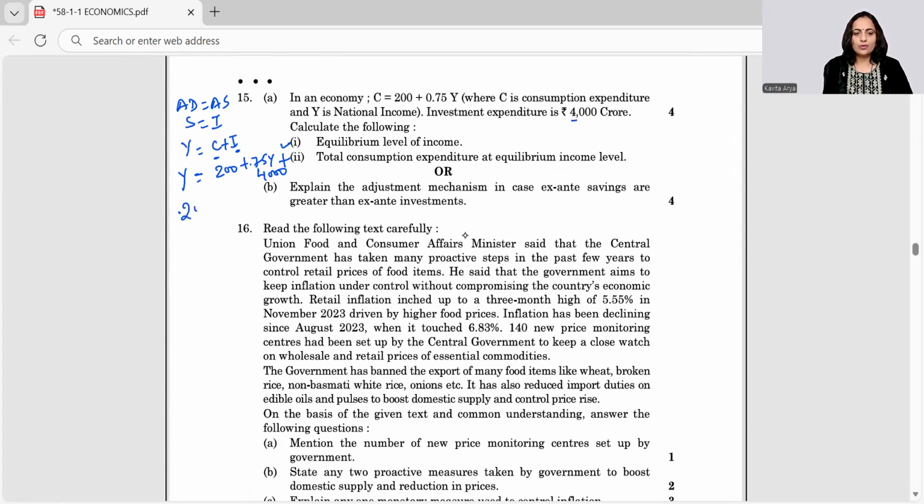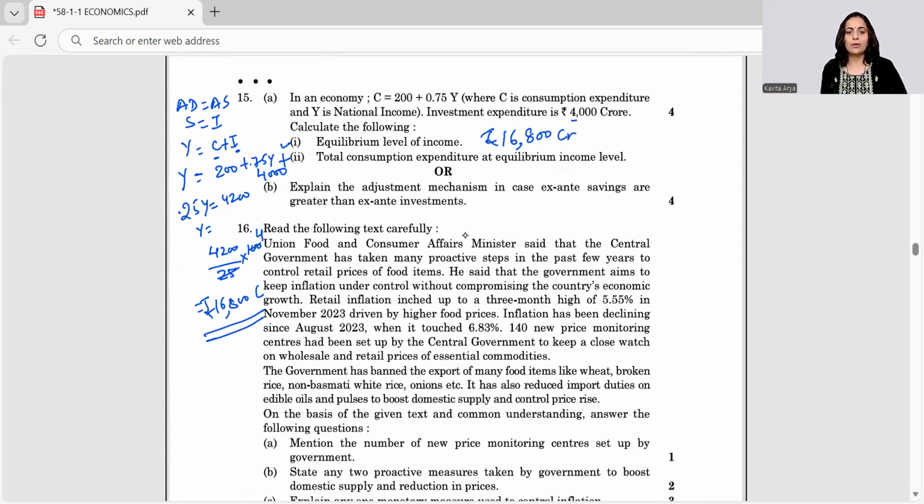We're left with 0.25Y is equal to 4,200, and Y comes out to be 4,200 divided by 25 multiplied by 100. 25 4s are 100, and here it is 0, 0, 8 and 16. 16,800 rupees crore is the first answer. That is equilibrium level of income, 16,800 crore rupees.